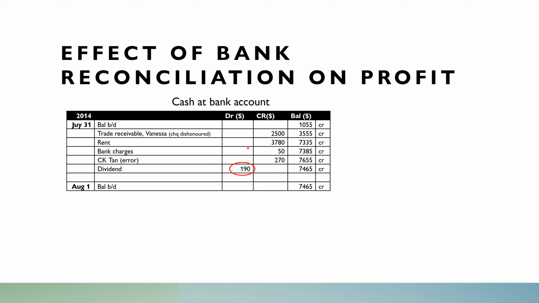In this case, it is rent and bank charges, right? Trade receivable and CK Tan cannot be an expense. These are names of a company and a person. So using these three figures, income minus expense, we got a negative of 3,640. Therefore, our answer would be profit would decrease by 3,640.